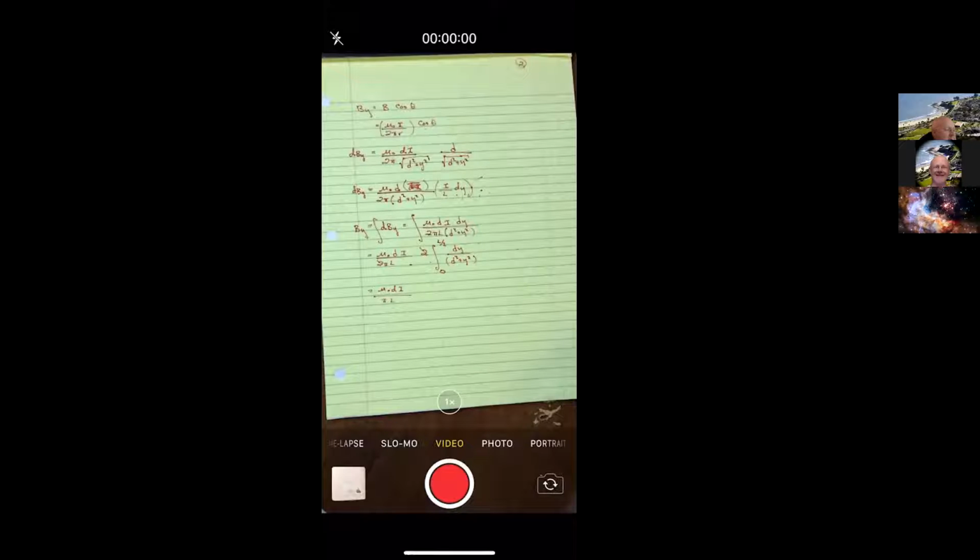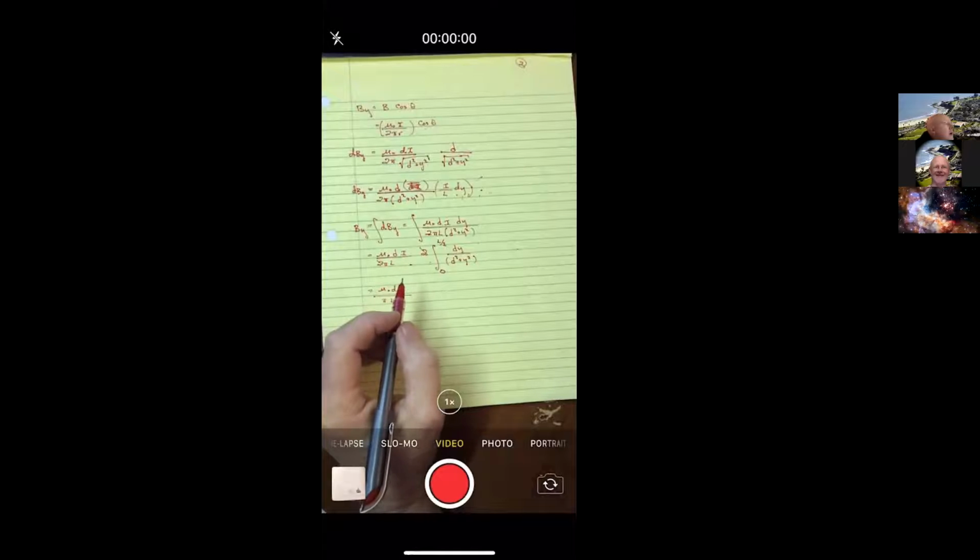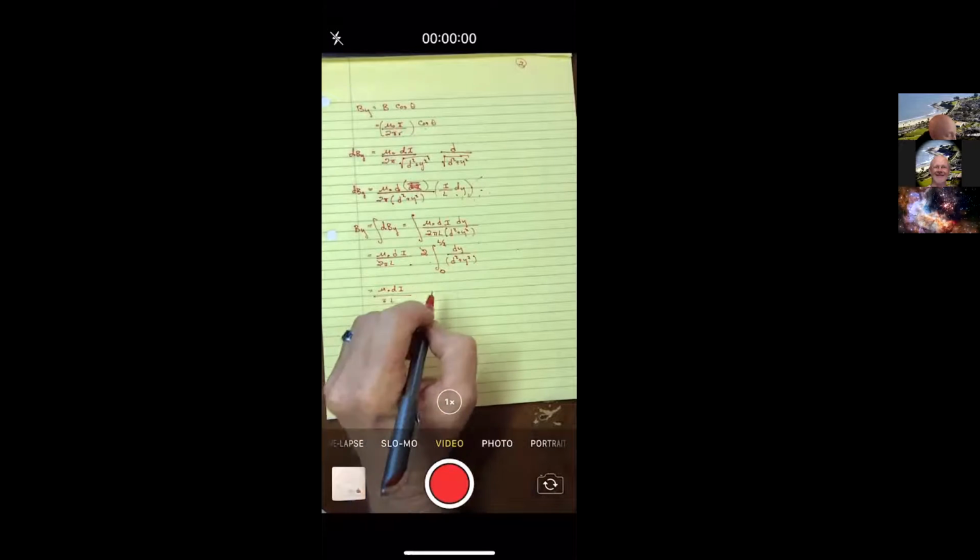And this isn't the only way. Of course, remember the test is open book. And where is this one? There it is.